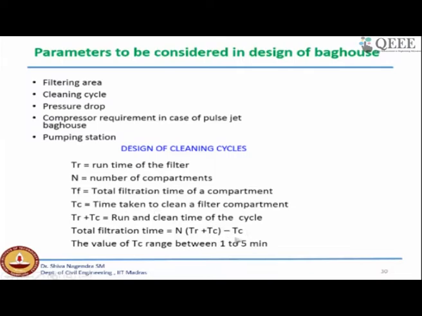Here one compartment is kept for cleaning purposes, so there will be 1 minus Tc. In general, 1 to 5 minutes will be used for cleaning of the filters.